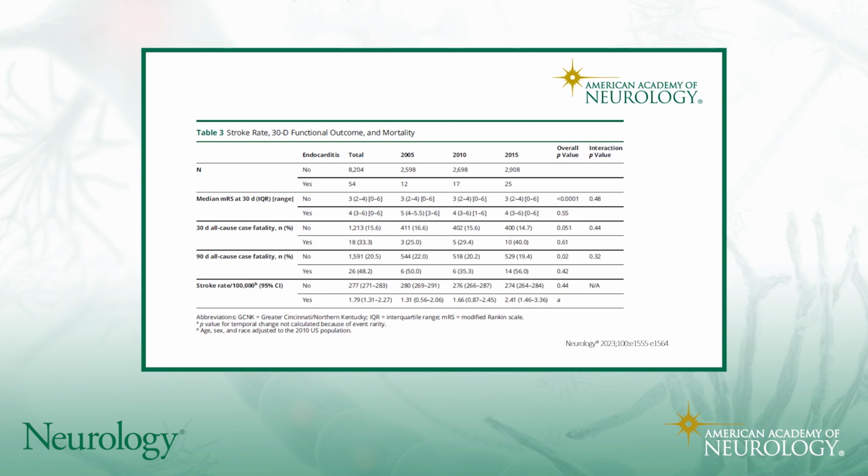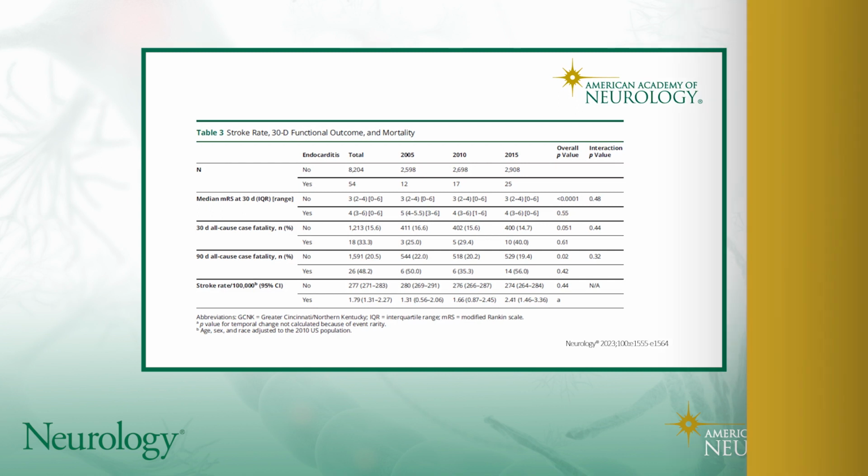But I think this also shows us how limited we are with managing and preventing endocarditis-related ischemic strokes, since we often have to avoid antithrombotic therapy in these patients due to their high risk of hemorrhage. And it also shows that this entity has a high risk of mortality and poor outcomes.